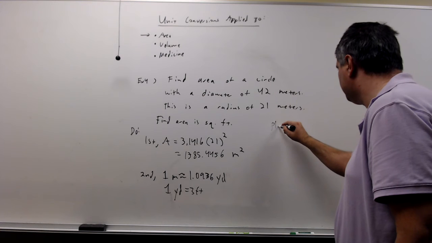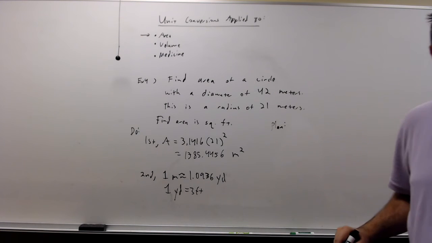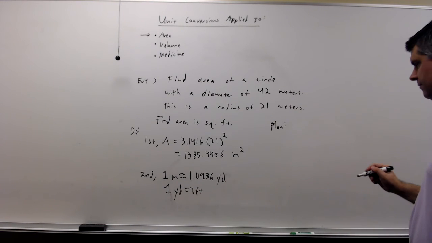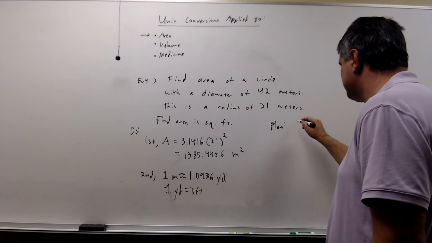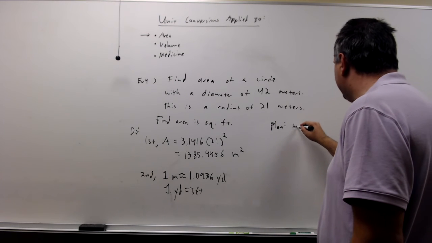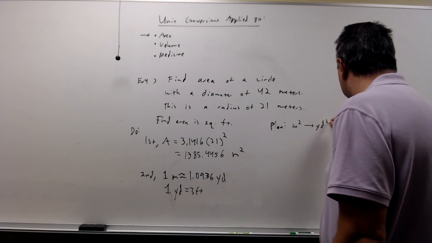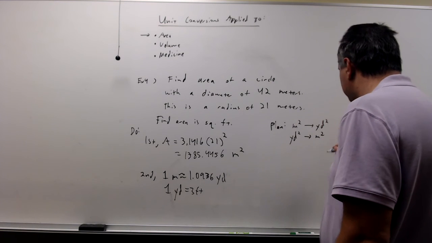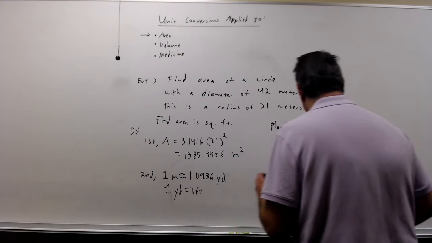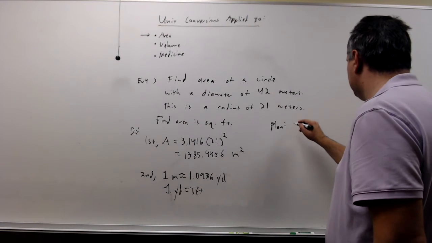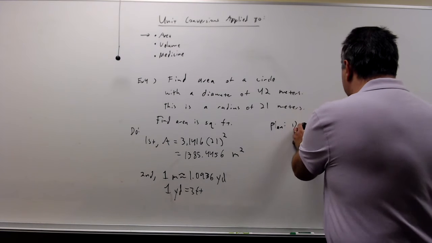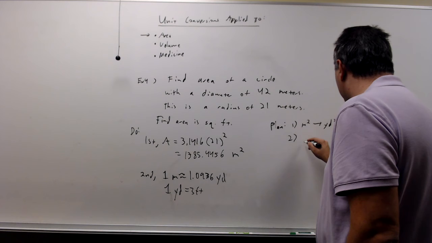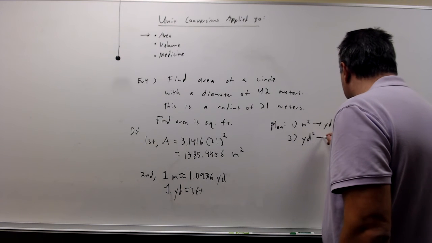So, plan: 1, meters squared to yards squared. And then number 2, yards squared to feet squared.